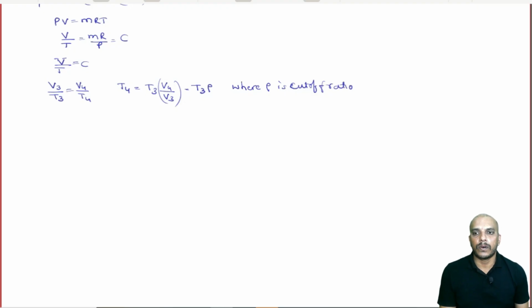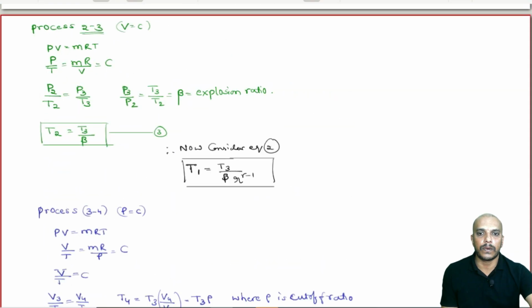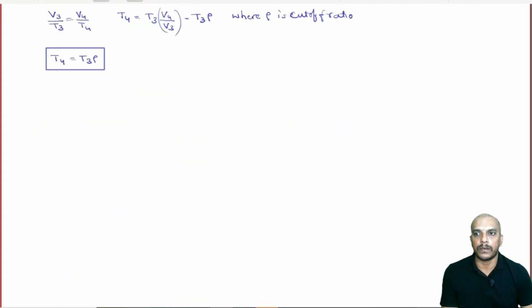Therefore, we have got T4 in terms of T3. So, T4 is equal to T3 rho. Now, I think we can consider writing T5 in terms of T3, then we are done. This was our fourth equation, equation 4. Therefore, this equation will be equation 5.